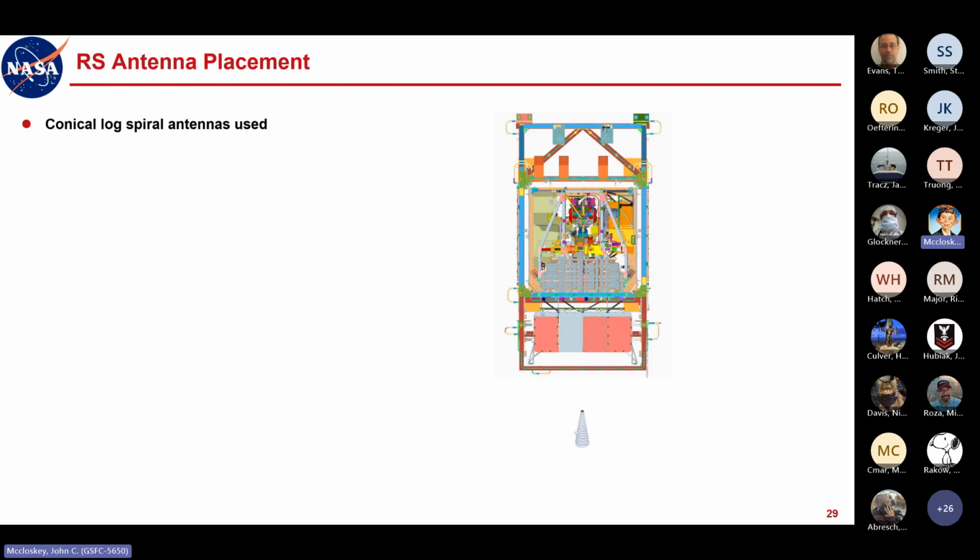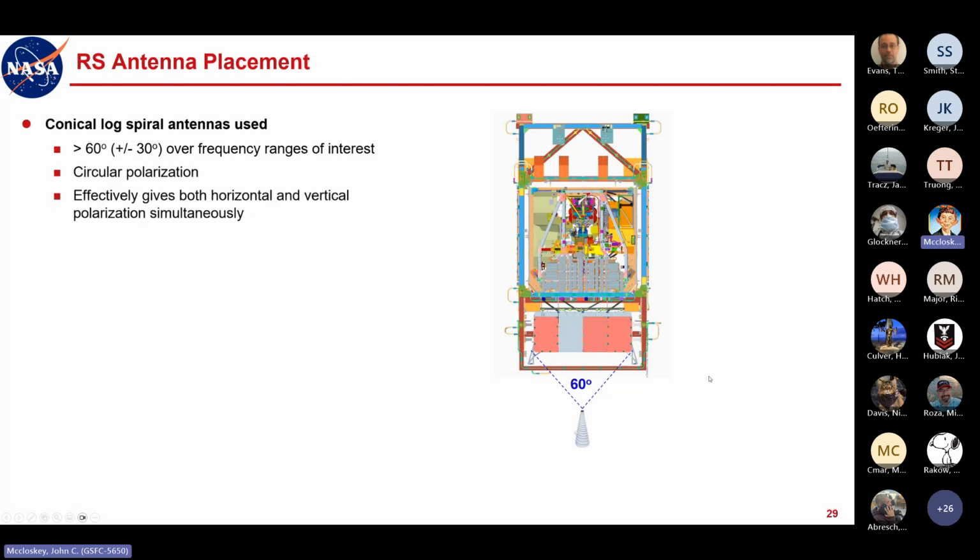They're a mixed blessing. You just got to be careful when you use them, but they serve a really good purpose here. They have a very large beam width, 60 degrees over the frequency range of interest. There are 2 different ones, by the way, low frequency and high frequency, but both of them had about a 60-degree beam width, and they're circularly polarized, as we talked about in previous sessions.